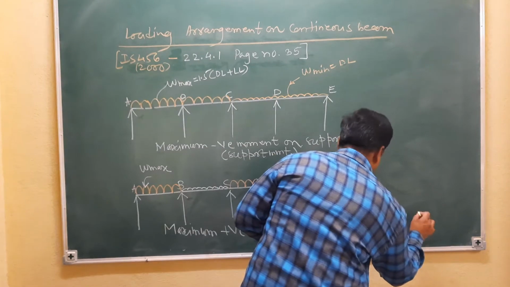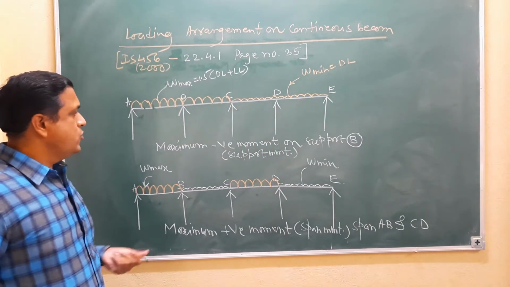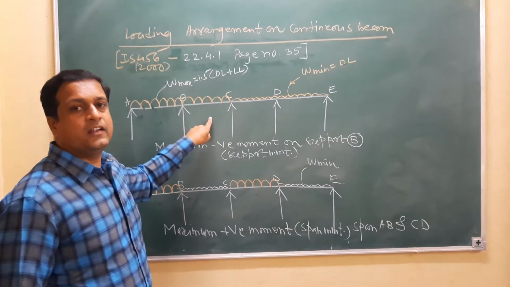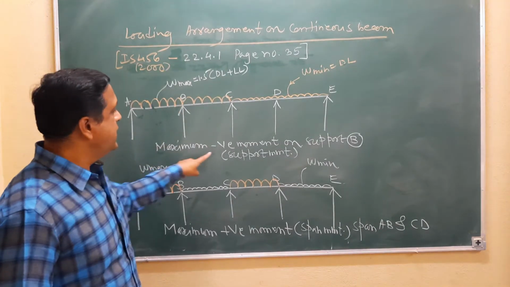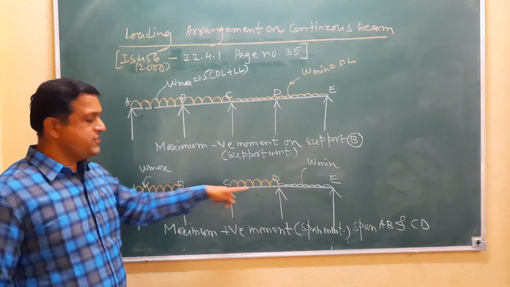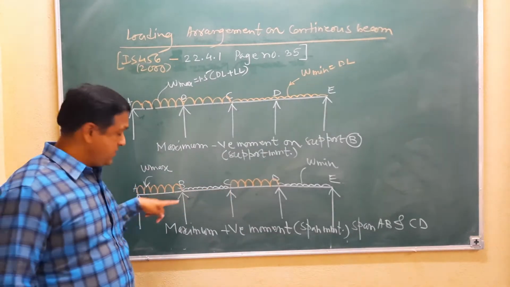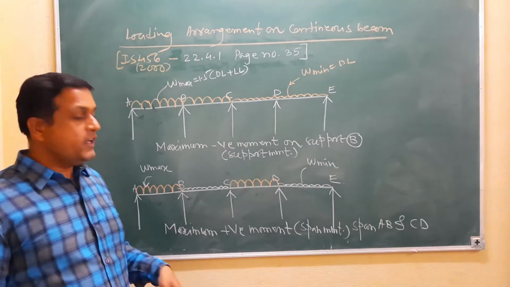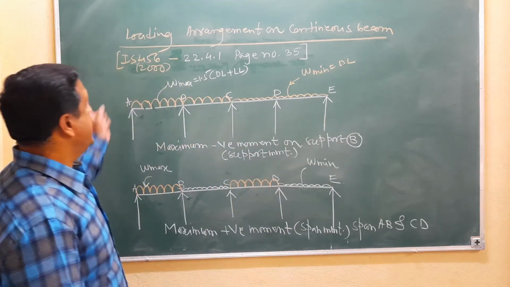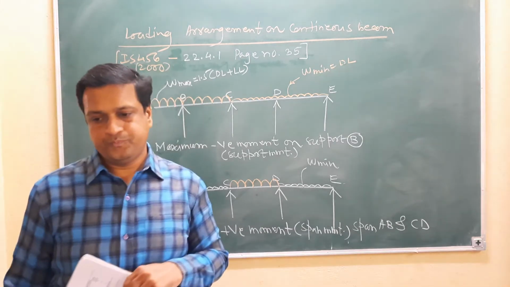So if we arrange the maximum load on adjacent spans, on this support we get the maximum negative moment. And if we arrange the maximum loading on alternate spans, you get the maximum positive bending moment on span AB and CD. So this is the criteria of loading arrangement on a continuous beam.